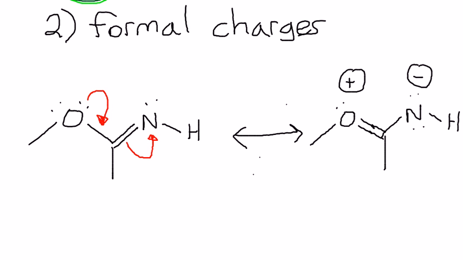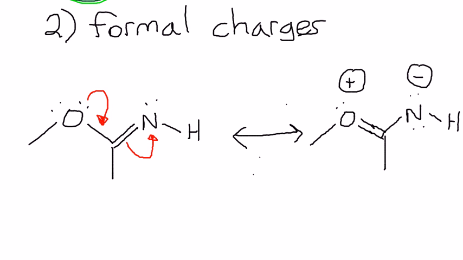And we have to remember that formal charges are a sign of instability. Formal charges mean that the atom doesn't have the same electron density surrounding it as it's normally associated with, and it wants to have that same electron density because it's stable that way, but since it doesn't, it loses a little stability.